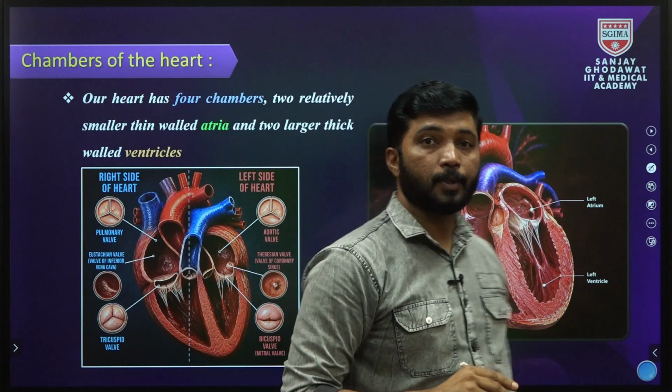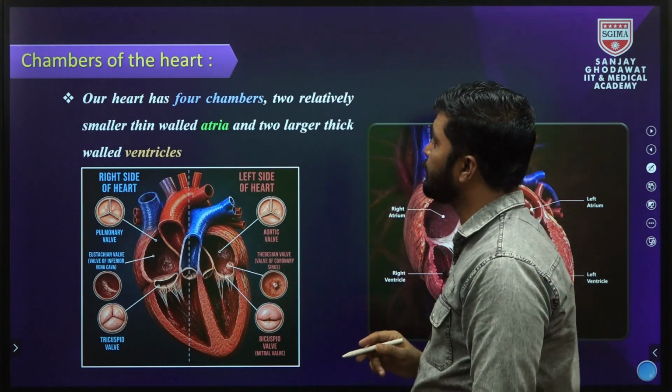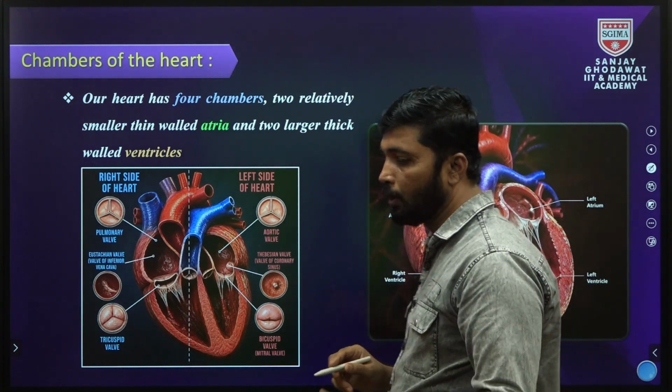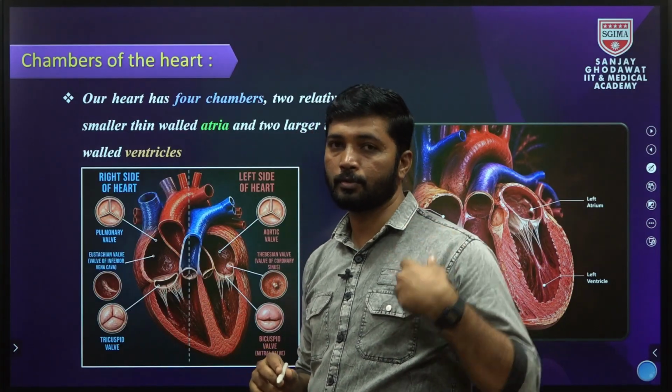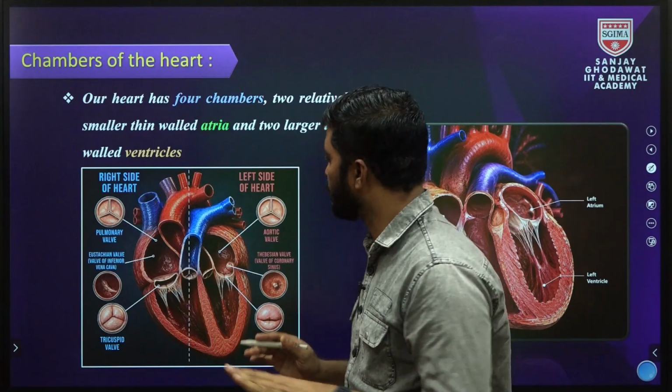Next, the chambers. In crocodiles, apes and mammals, including humans, there are 4 chambers of the heart.